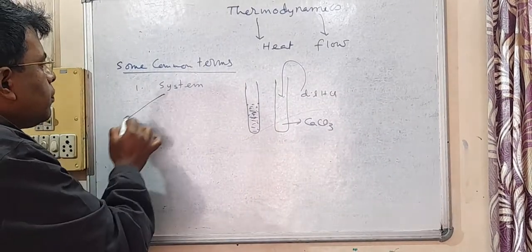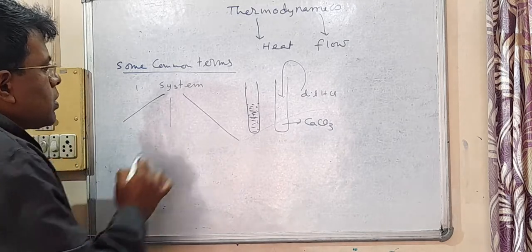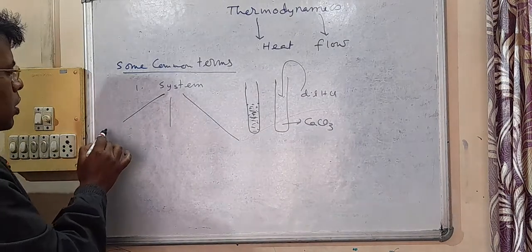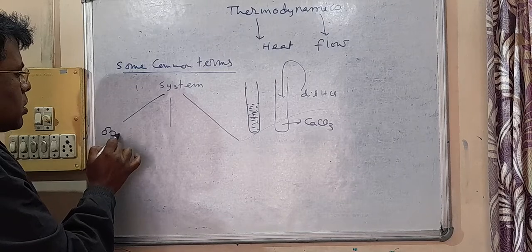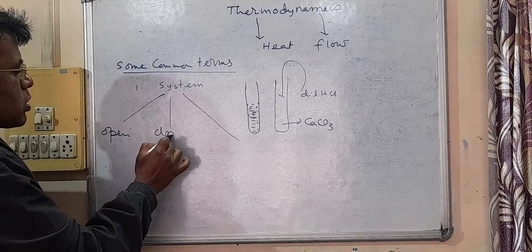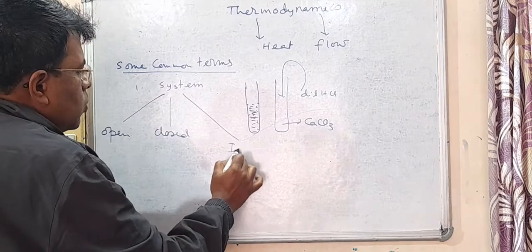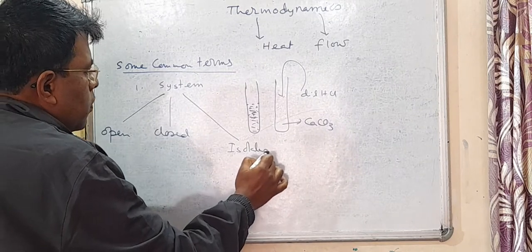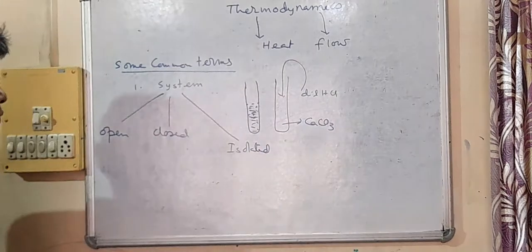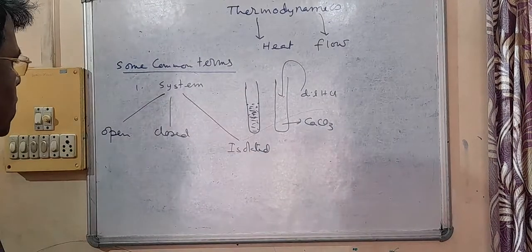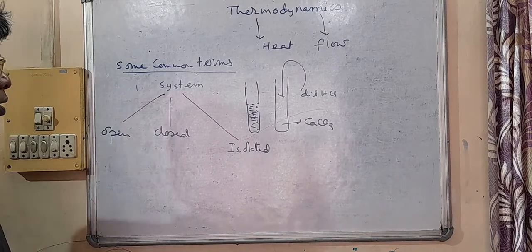Now, there are three important types of system that we study: open system, closed system, and isolated system.